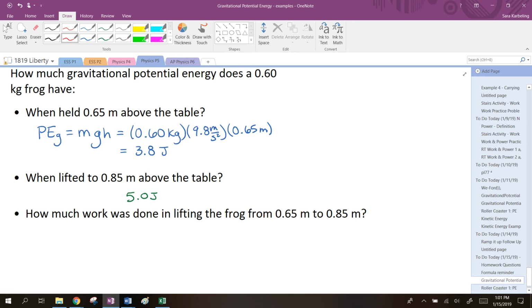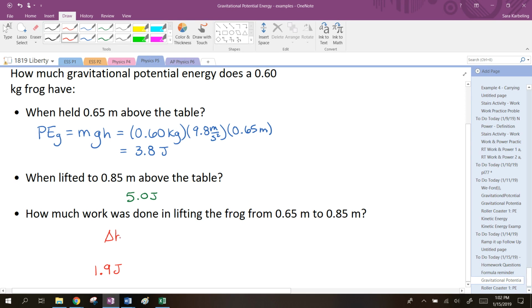Shaw, did you get an answer? You got 1.9. 1.9 what? Joules? How did you get that answer? Where did that come from? So I subtracted 0.85 and 0.65 and multiplied it by 9.8.